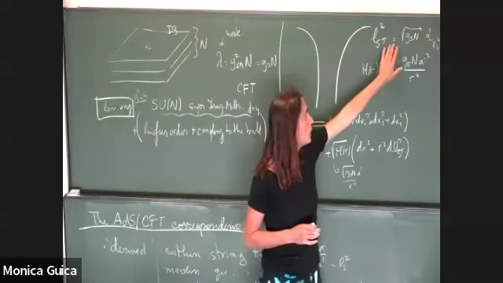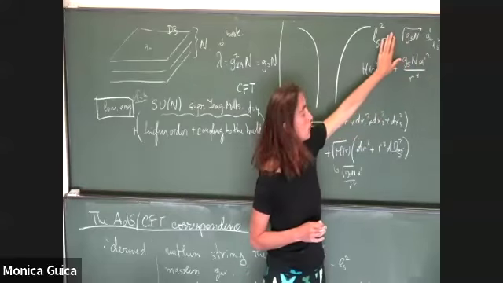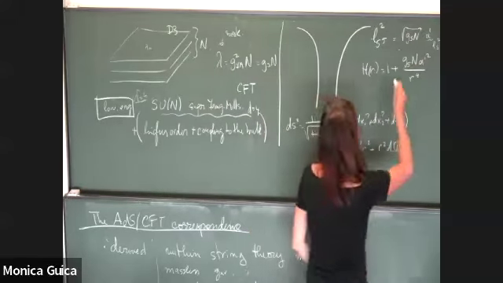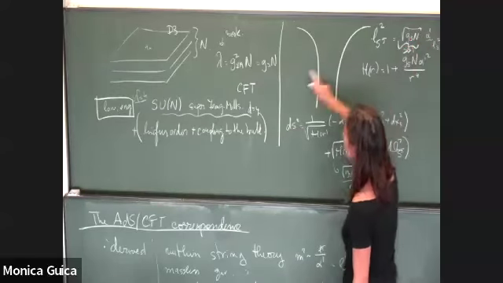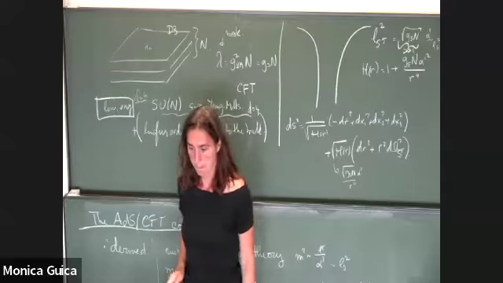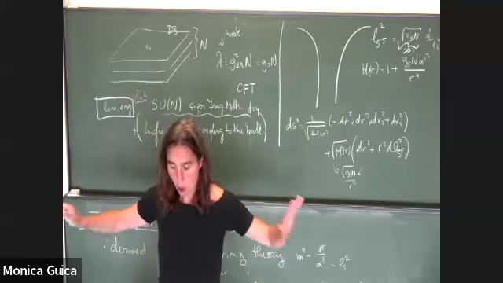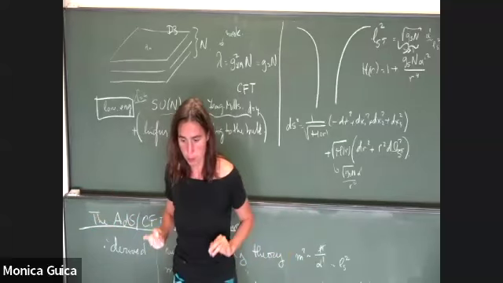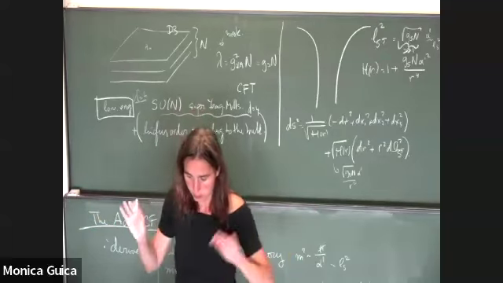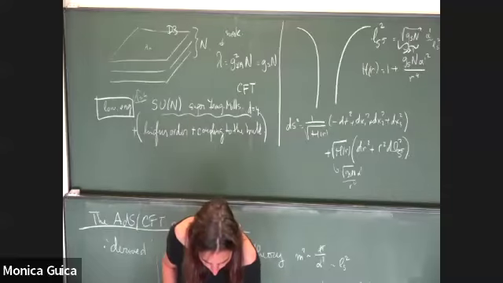So you see the size of the sphere is proportional to the size of the string with this factor over here. You want this factor to be much, much larger than 1, but you see this factor is nothing but lambda. So these two descriptions are really in opposite limits of this 't Hooft coupling lambda. They have non-overlapping regions of validity.